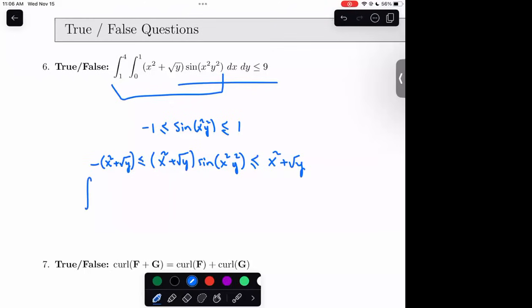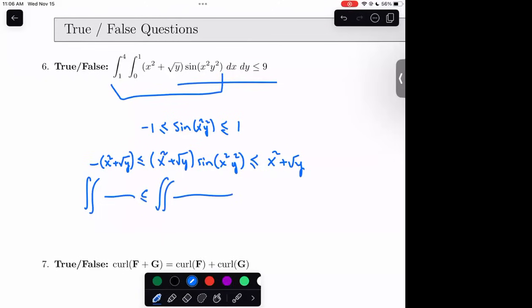That is, if you do a double integral on all three sides, it doesn't break your inequalities. So at this point, we're only interested in the thing larger than our function here, this x squared plus root y times sine of x squared y squared.